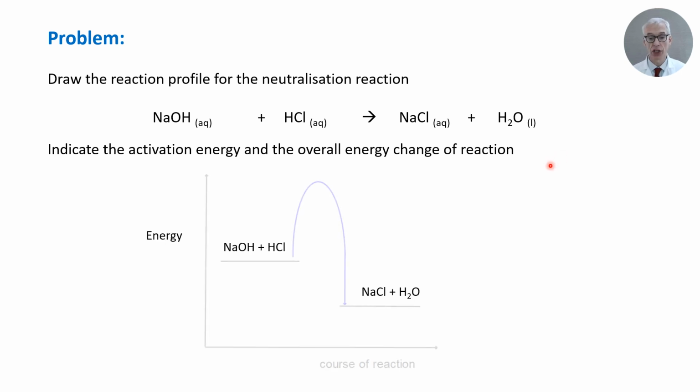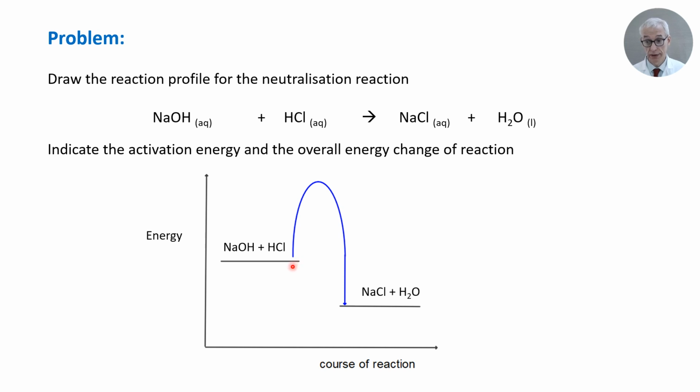Okay, so here is my basic reaction profile. You should recall that neutralizations are exothermic. So the products have less energy than the reactants. The activation energy, of course, you would mark here.